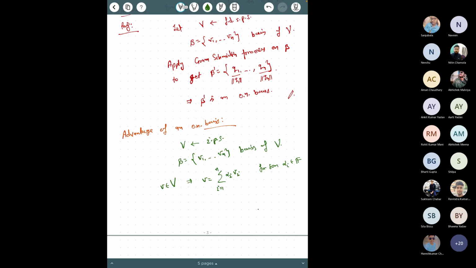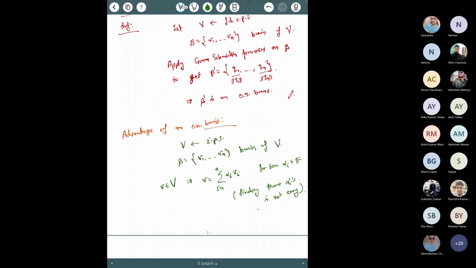In some cases we can find them, in some cases it's not easy to find. So finding these alpha_i's need not be easy here.